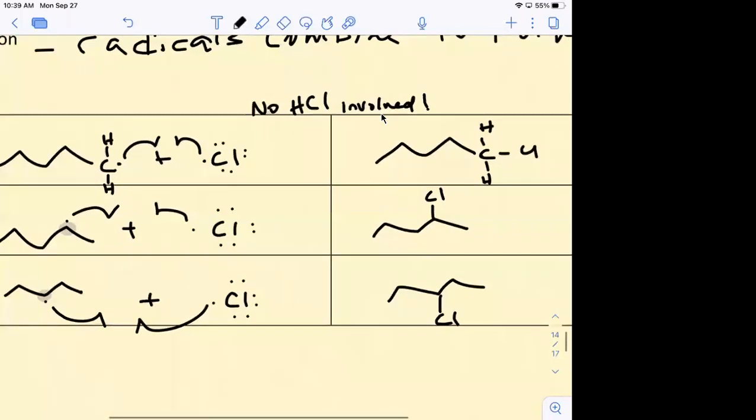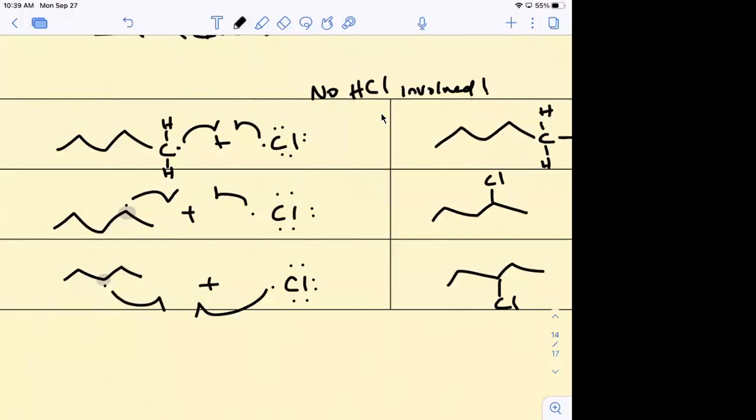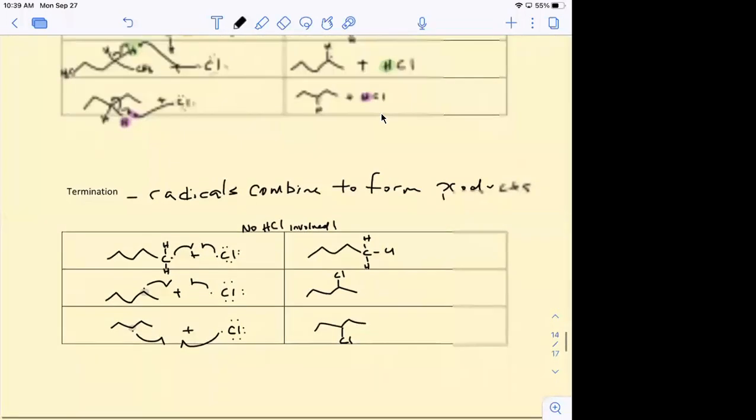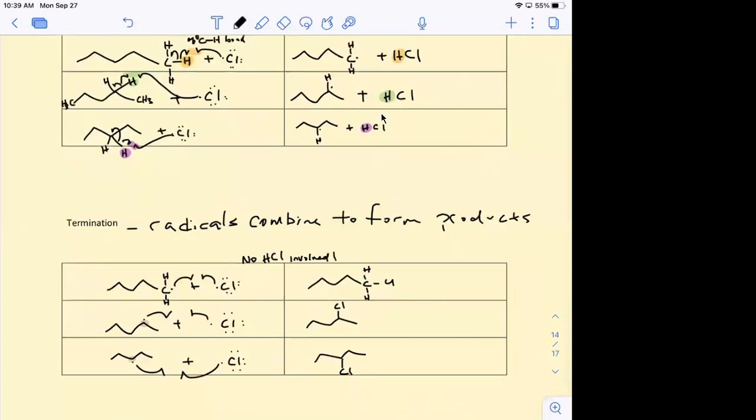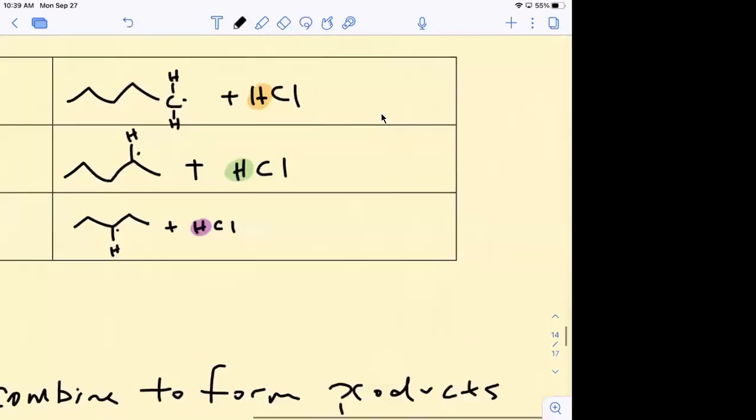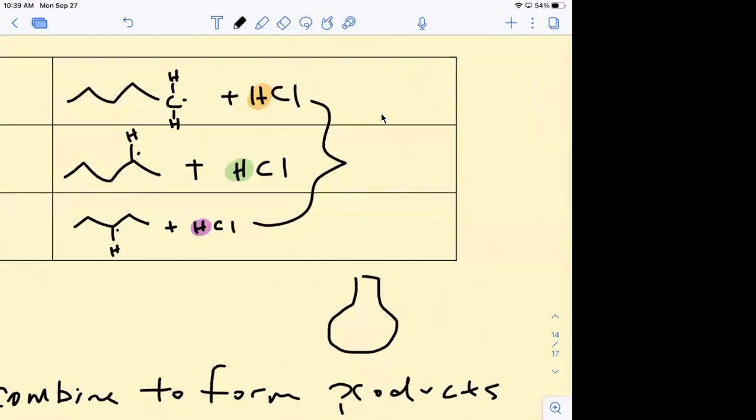No, I mean you have your radical up there plus HCl. What happens to the other part of the products, the HCl? Yes, good question. So a lot of times when you run a reaction like this, you aspirate it. You'll have a flask, like a round bottom flask, and on that flask you have what's called a septum.